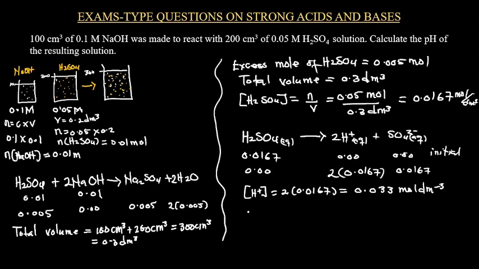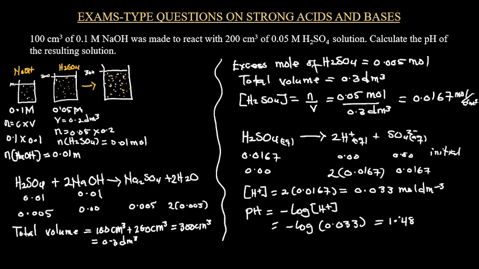Good. So what can we do now? We know that pH is equal to negative log of H plus concentration. And so this is going to be negative log of 0.033. Okay. And we will be having 1.48.